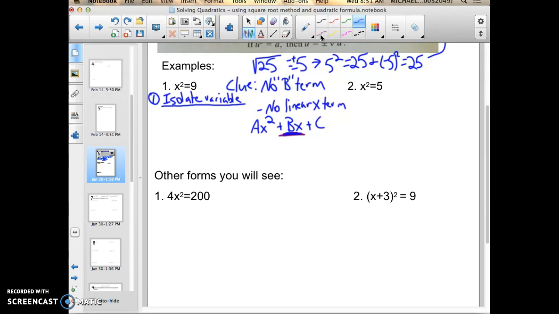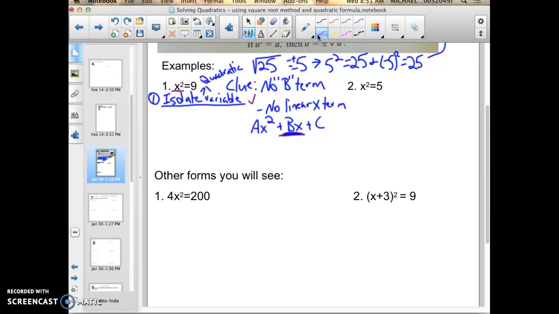Let me switch this up: isolate the quadratic variable. In number 1, x squared is already by itself, so that step's already done.